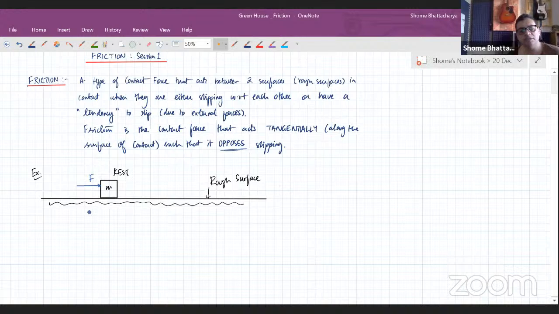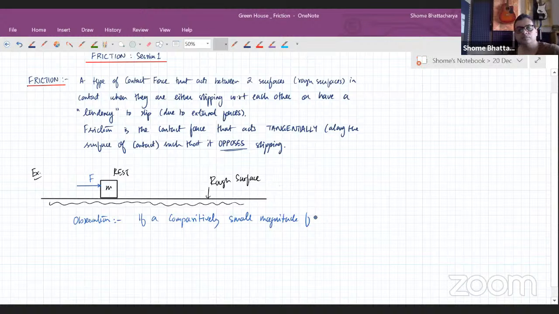So what we'll observe is that if a comparatively small force, small magnitude force, is applied, the block may not even move. So why does that happen?